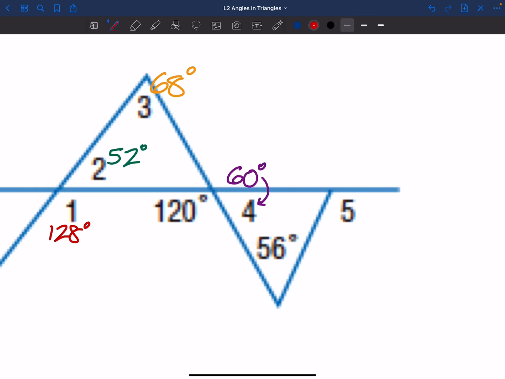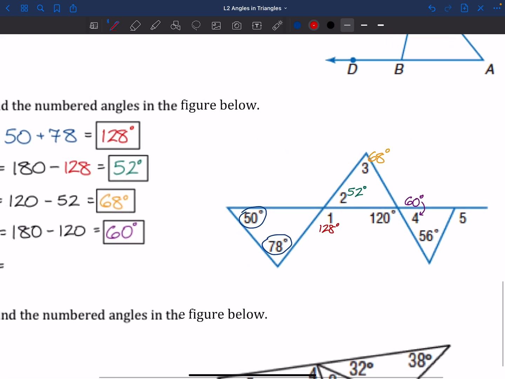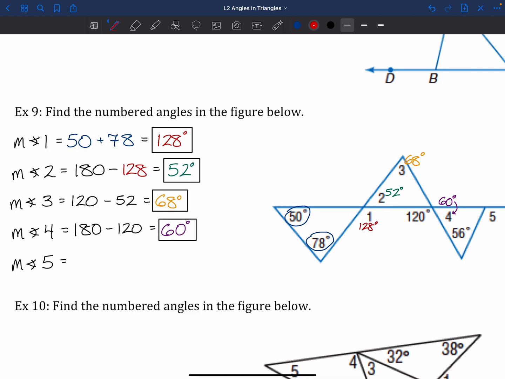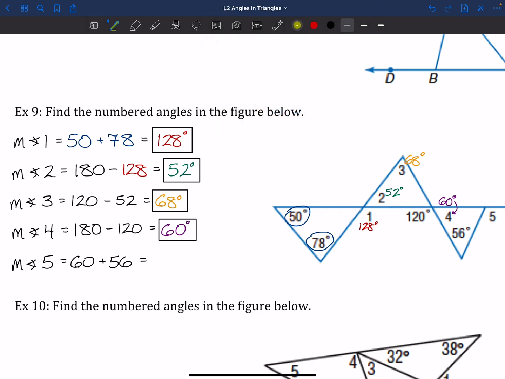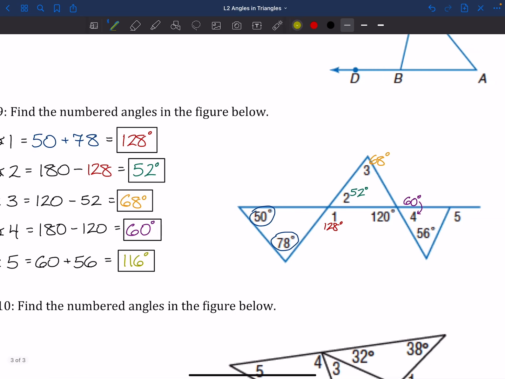So I know that if I add up that 60 degrees from angle 4 and that 56 degrees that was already there, that should give me that angle that's on the outside. So let's take 60 plus 56. That's going to give me a solid 112. Oh, sorry, 116. Don't do mental math when you're trying to change the color of your pen. So 116 way over there.